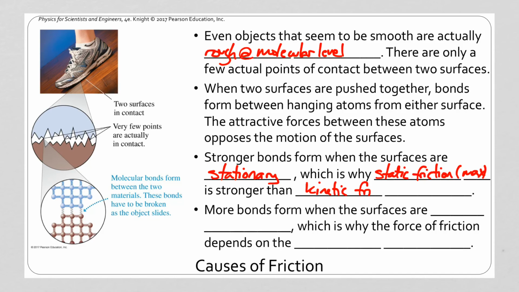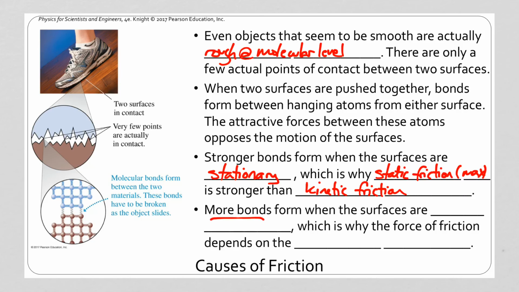Think of if you are trying to hold on to an object and somebody's trying to pull it away from you, you can hold on to it much more strongly than if somebody tries to snag you as you are walking by them. If somebody just reaches out and tries to grab your arm, it's usually not as strong of a bond because it's just a passing motion. And the same sort of thing here. If these atoms snag on each other as they slide by, it is not as strong a bond as if you have two stationary surfaces where they can really settle in and form stronger bonds.